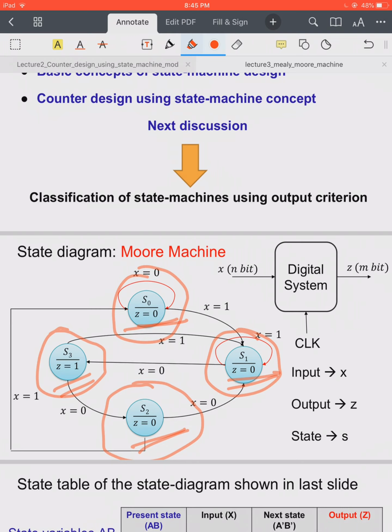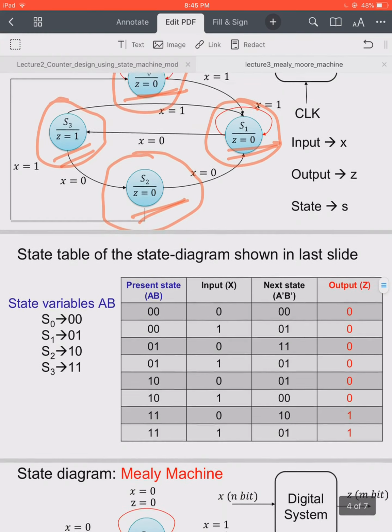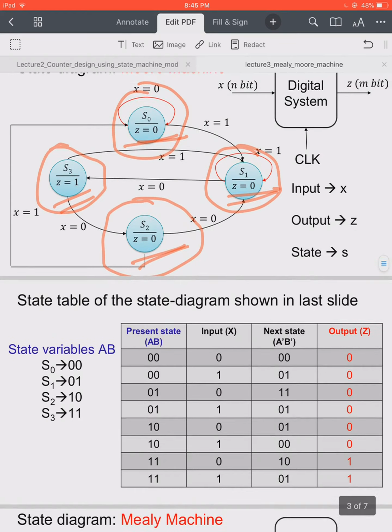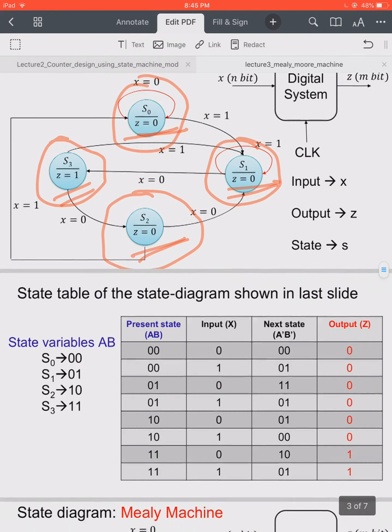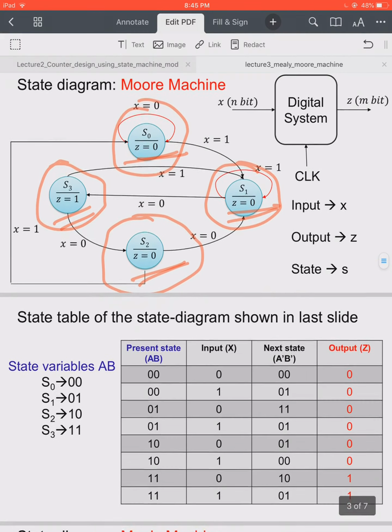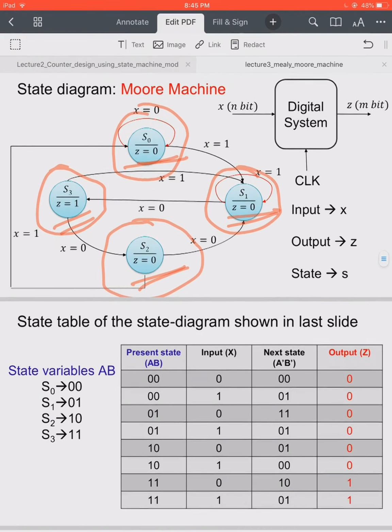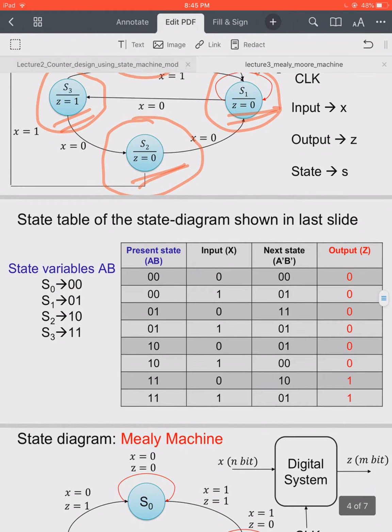Now let's move on to the state table of the state diagram. How could I write the state table of this same state diagram? Pretty simple.